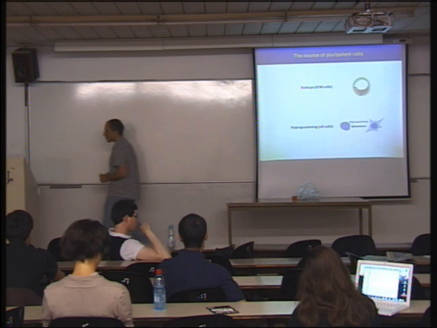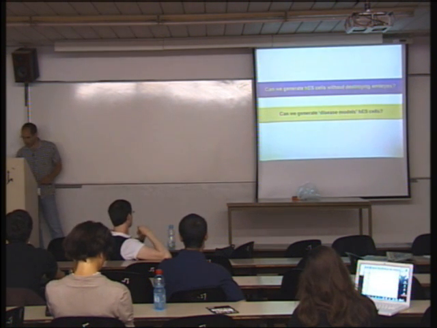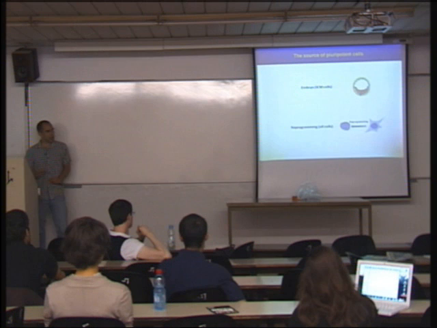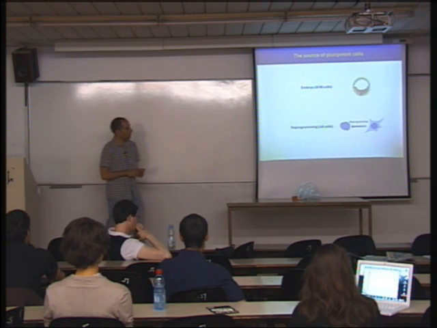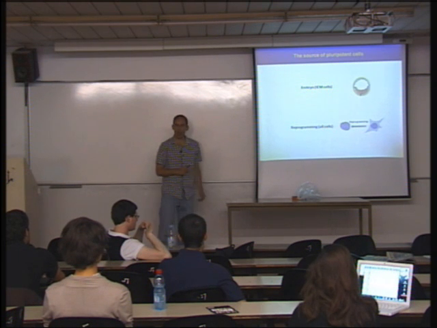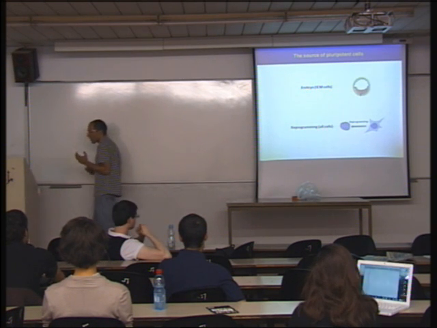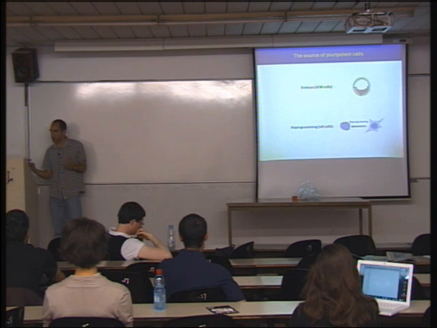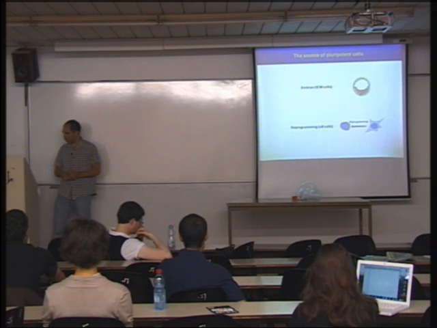And I'm going to spend a few minutes discussing the different modes of reprogramming. How can we do it? How can we take a differentiated cell, a somatic cell, and turn it back into an embryonic stem cell?